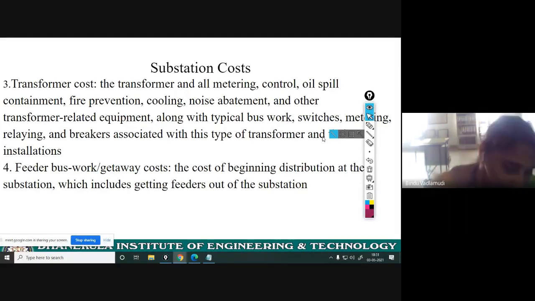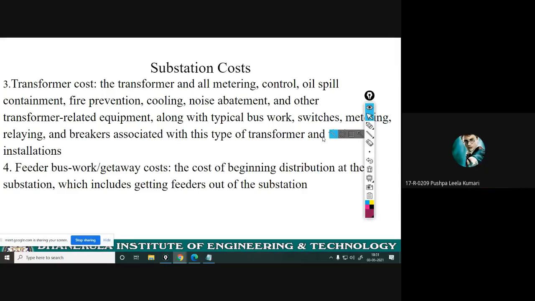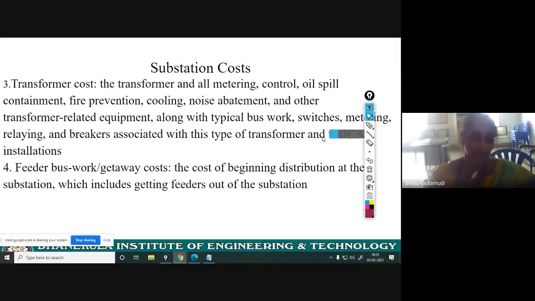In the secondary distribution system, how are you transmitting the supply to the consumers? By the distribution transformers or not? Yes, ma'am. So the major equipment in the substation is nothing but a transformer. So write down transformer cost.